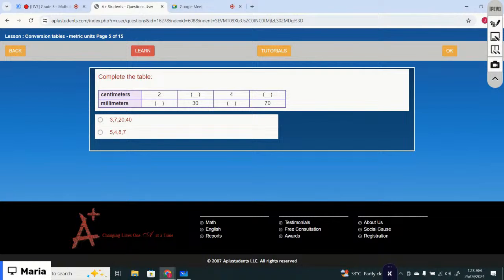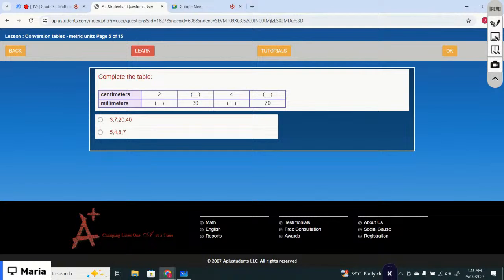Okay, complete the table. You are converting from centimeters to millimeters, right? Which option is the correct one?